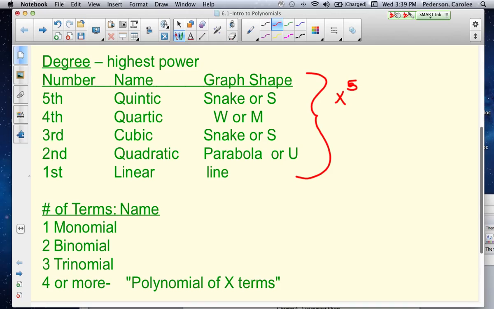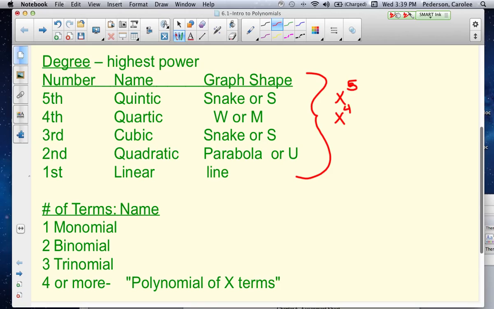The shape is going to look like a snake or an S. The next polynomial is a fourth degree polynomial, like x to the fourth. The name of a polynomial of fourth degree is called a quartic function. The shape of it looks like a W or an M.